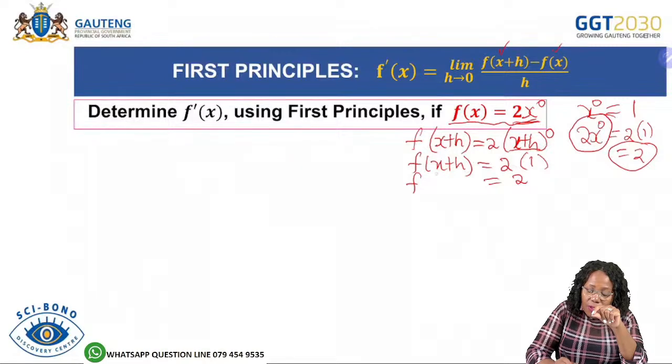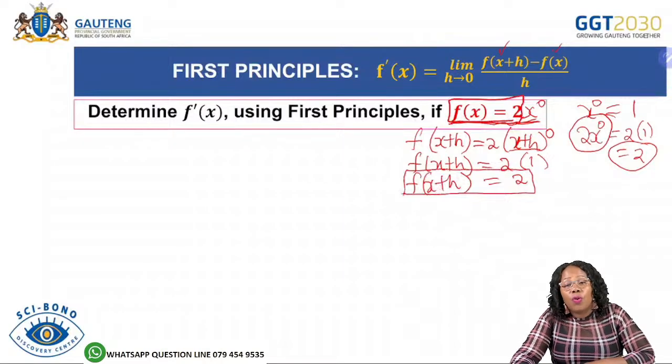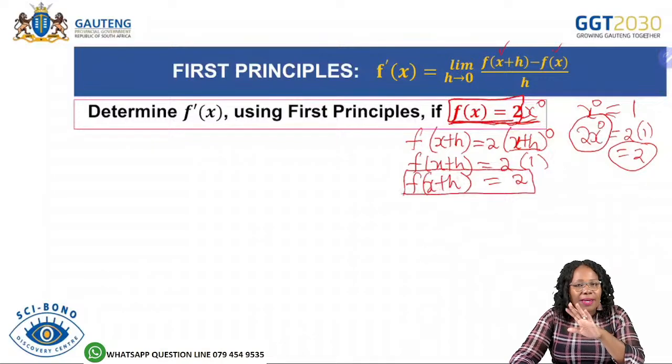Can you see now, for this case, where you are having a constant number, your f at x equal to 2 is the same as the f at x plus h, which is also equal to 2. Only in conditions where you are looking at f at x equal to a constant number like 2, 3, 5 without an x, okay?